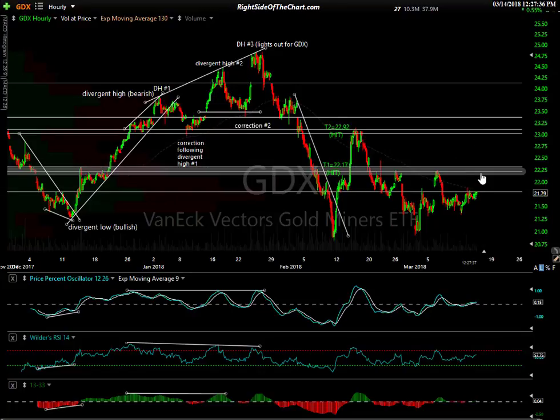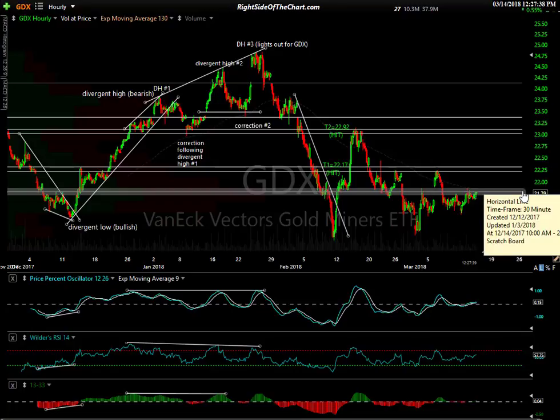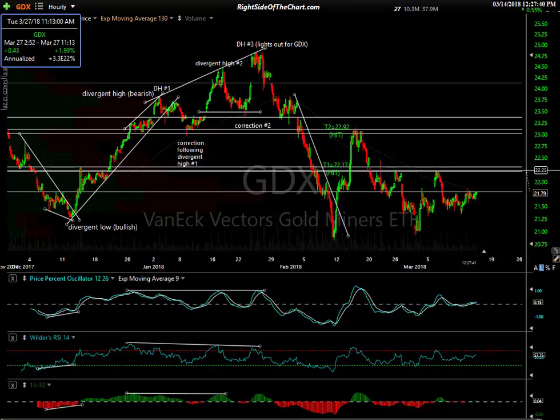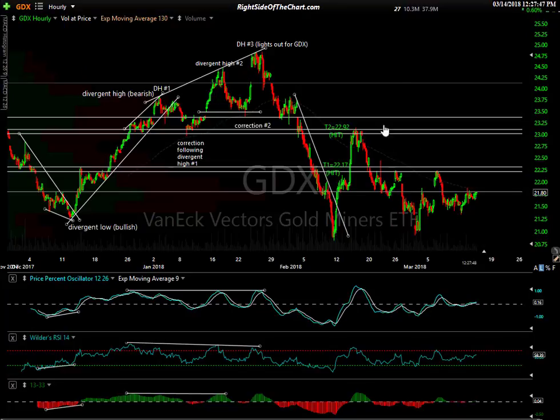At this point in time, I can't make a solid case to go long for anything more than a quick bounce up here. On GDX, that'd be about 2%. So triple that if you're trading NUGT, the three-times leveraged ETF, so maybe 6%.